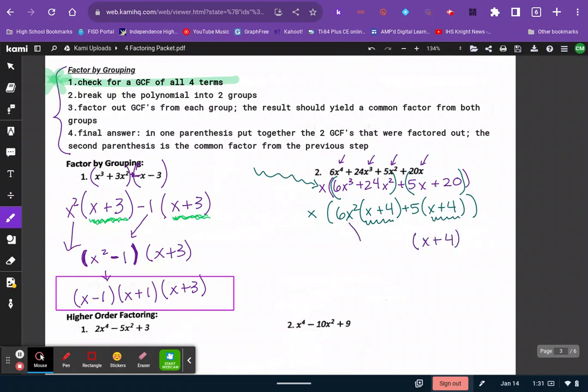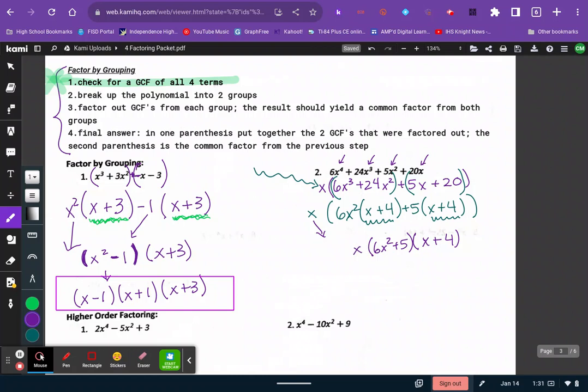And then I take the two GCFs I pulled out to make my next set of parentheses. And then don't forget we have this x out here that still needs to be part of the answer. Don't forget about him.